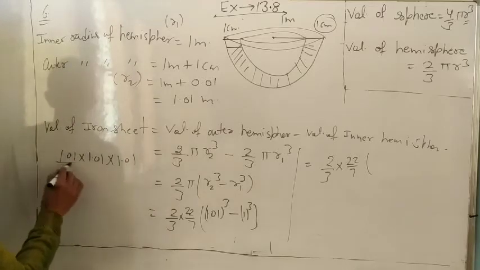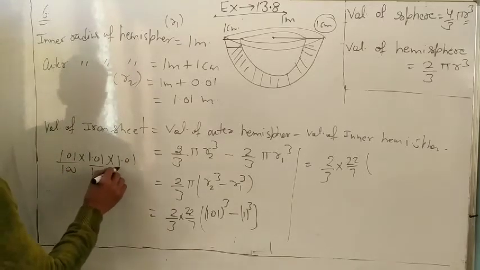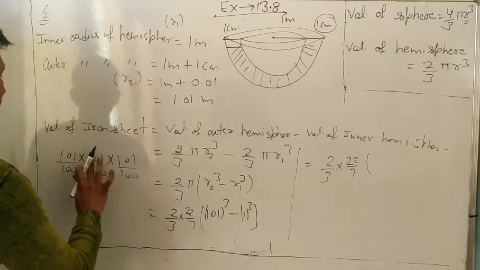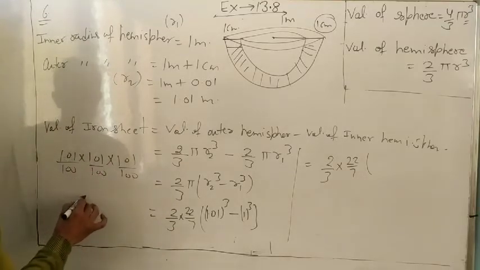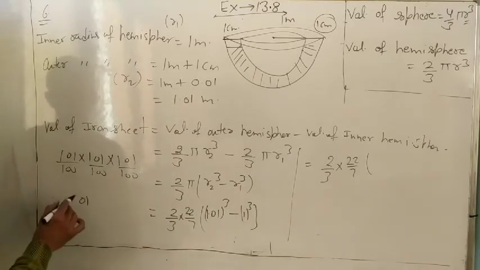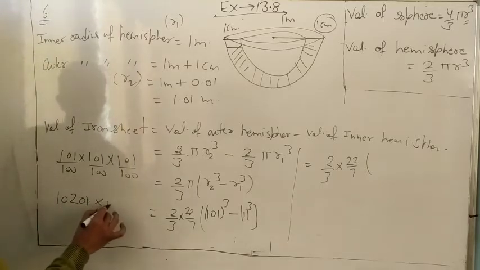You can remove the decimal, and then multiply.